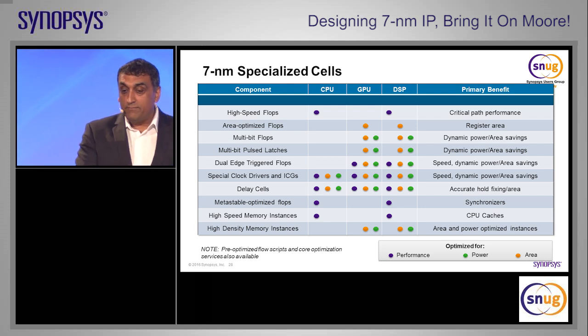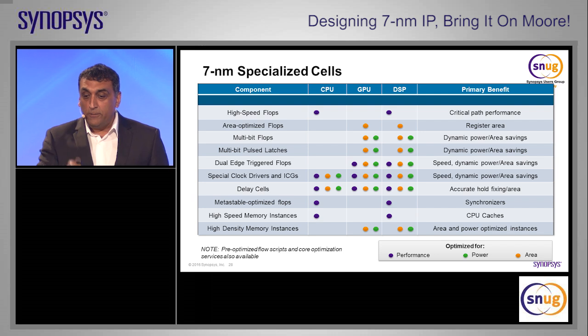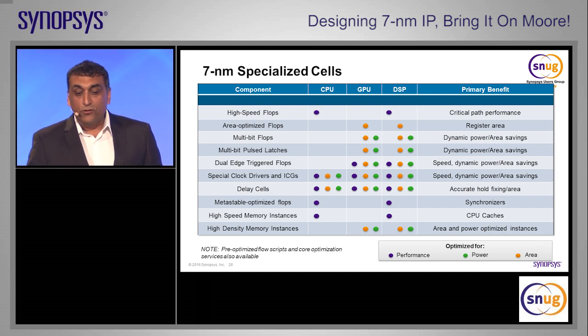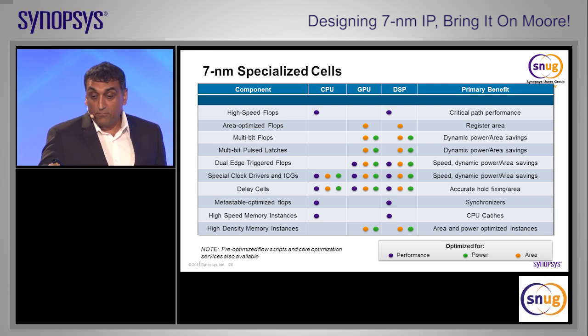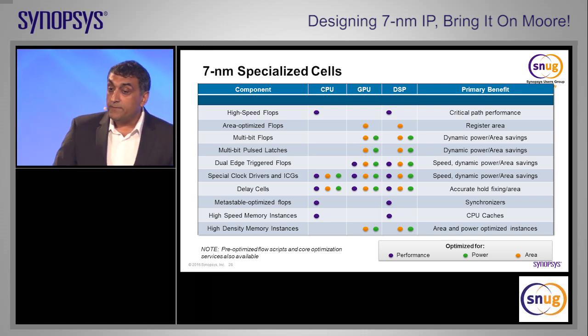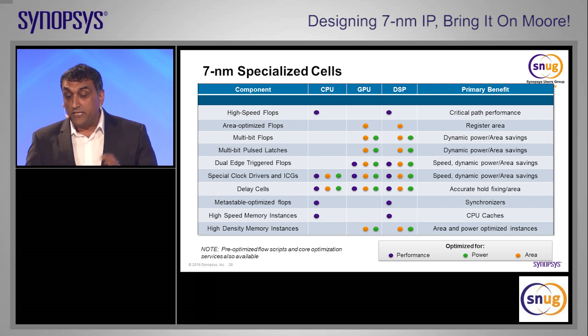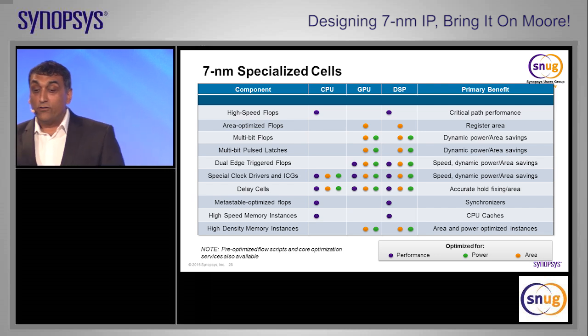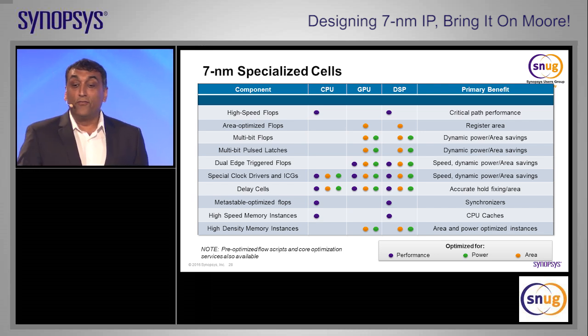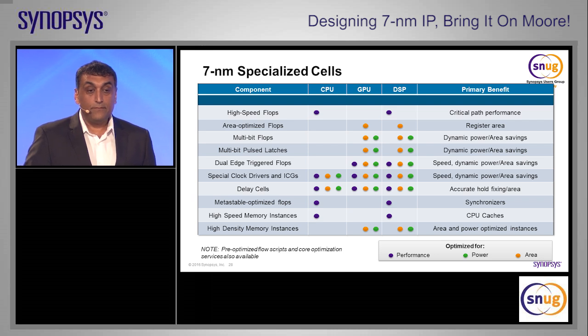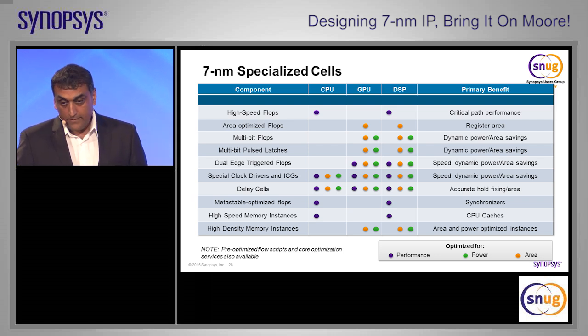Here I've put segments for CPU, GPU, DSP, and you can look at things like high-speed flops, special clock drivers, delay cells, metastable optimized flops used for synchronizers. All of these things have been designed specifically for 7 nanometers in order to optimize the performance of those particular elements.